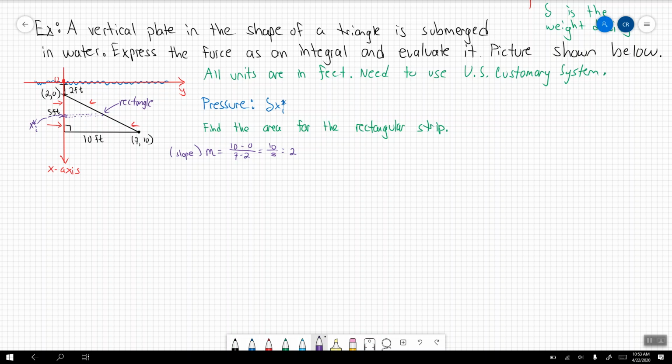Good so far? Nice. Now I'm going to use my equation, y minus y1, using the first point. So y minus y1 is equal to your slope times x minus x1, which is 2. Which means the equation gives us y equals 2 times x minus 2.